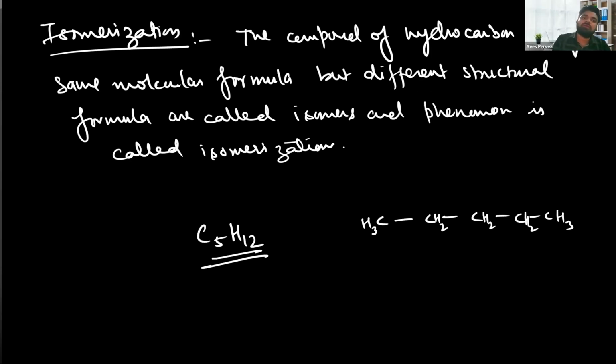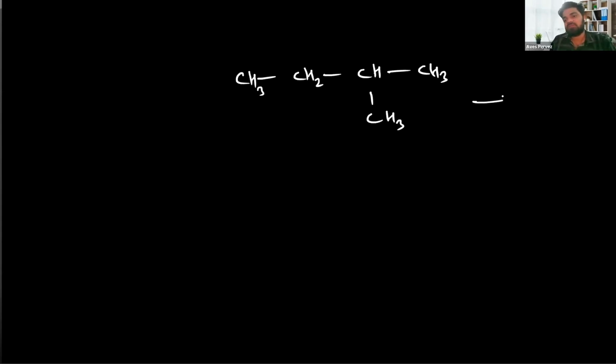And the other can be like this: CH3, CH3, CH3, CH2, and CH. Because this carbon has made 3 bonds, only one H will be here. Okay, this is also C5H12. Another one.